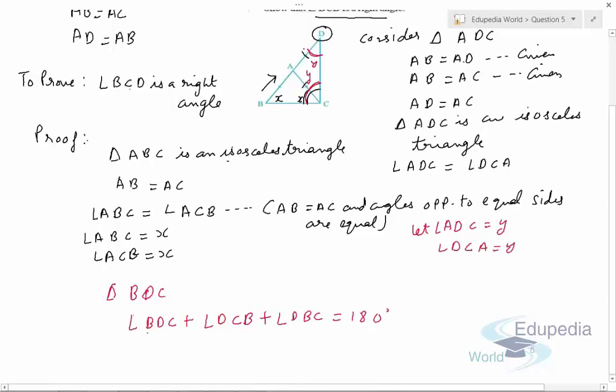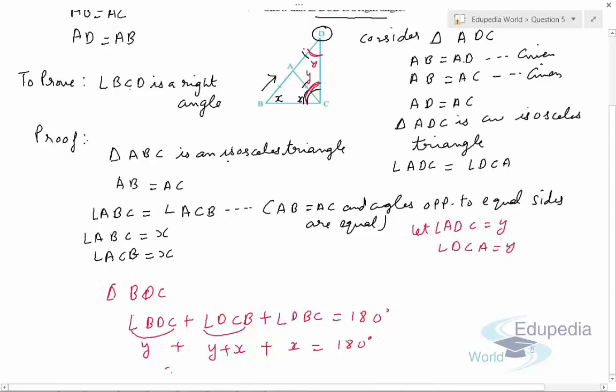Now what is angle BDC? It's y, it's given. Angle DCB will equal angle DCA plus angle ACB, so we can write it as y plus x. Now this angle is y plus x and this angle is y. What is DBC? DBC is x. So we can write y plus y plus x plus x equals 180 degrees.